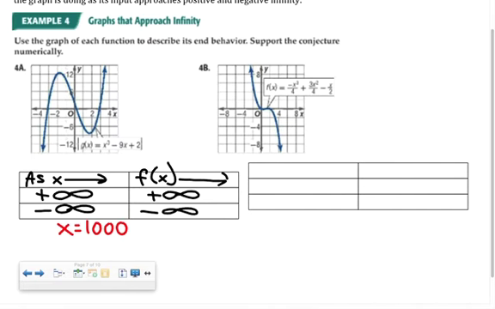If I plug 1,000 into that function, I've got 1,000 raised to the third power. Is your calculator bursting at the seams yet? And then minus 9,000 plus 2. And so that's a very, very massive number.